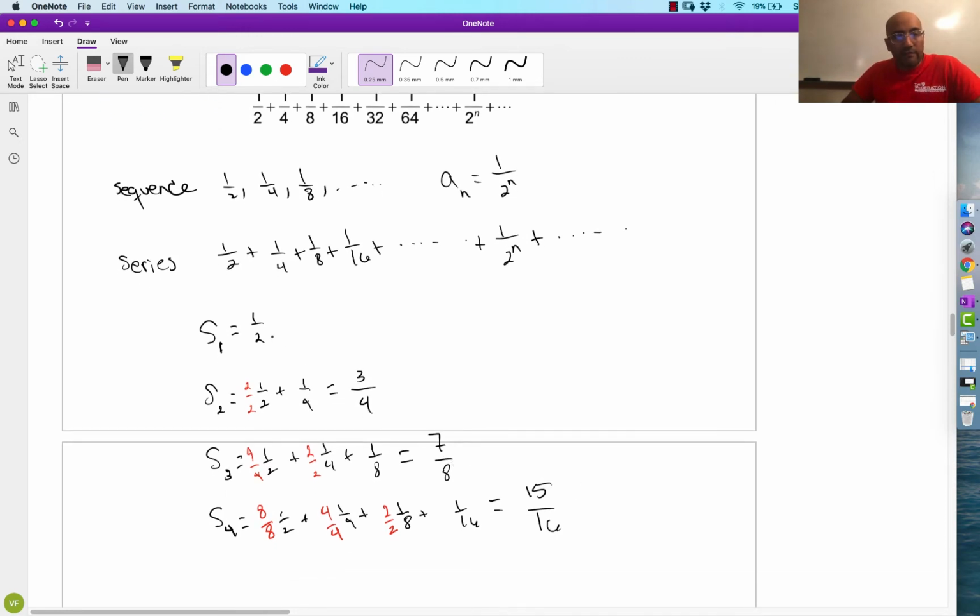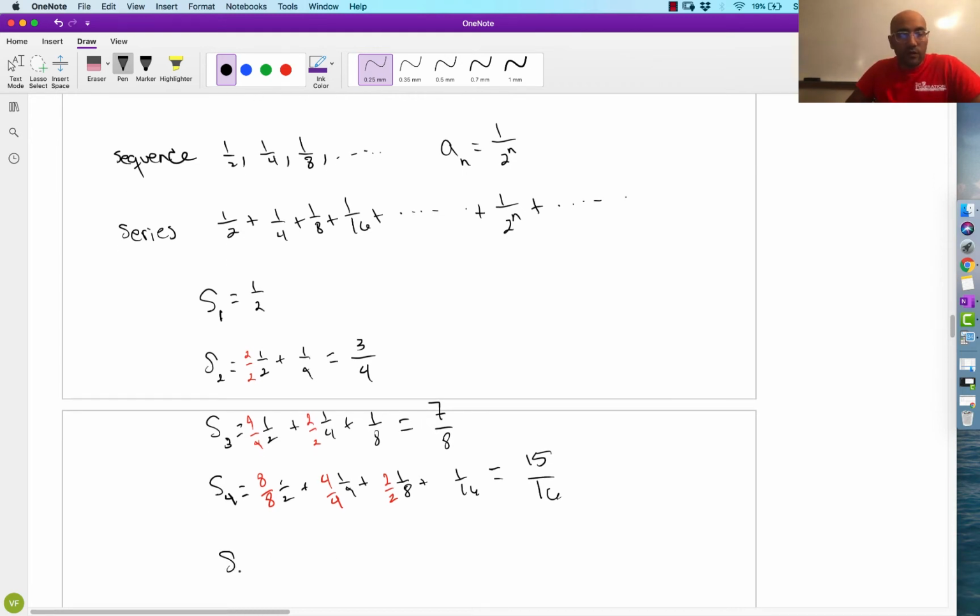Notice that in every single case, we have a fraction, right? The sum of the first values adds up to a fraction where the denominator is a power of 2: 2, 4, 8, 16. My money is that if I do the next one, it's going to add up to some fraction with a 32 in the denominator, because it's got powers of 2.